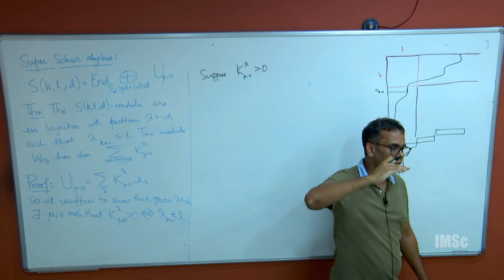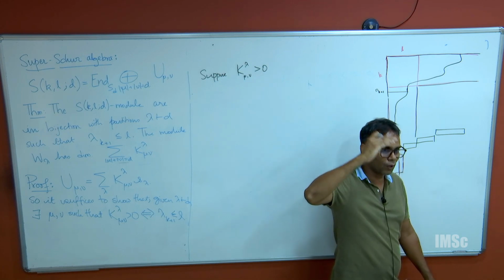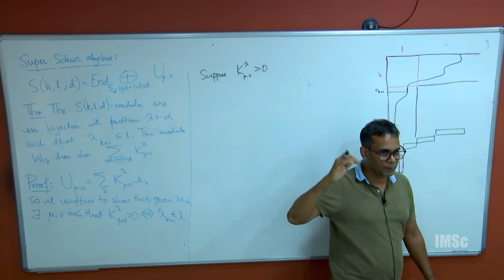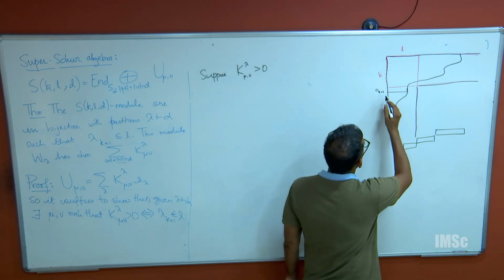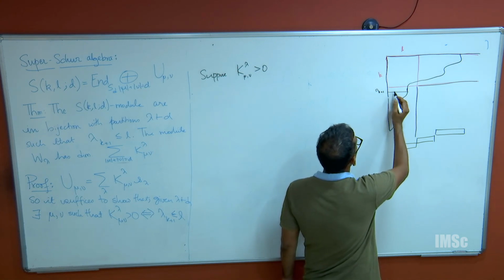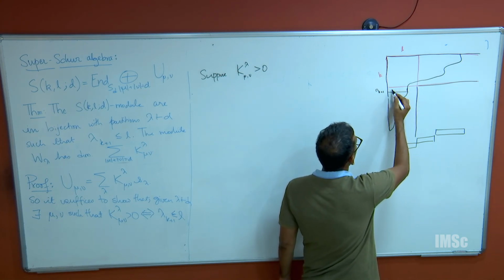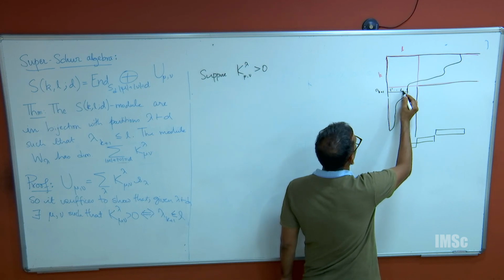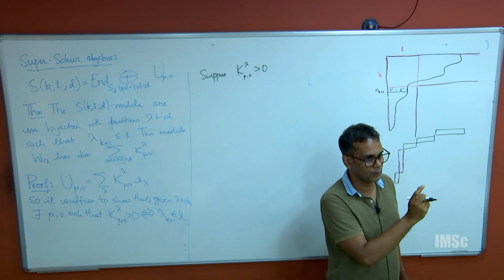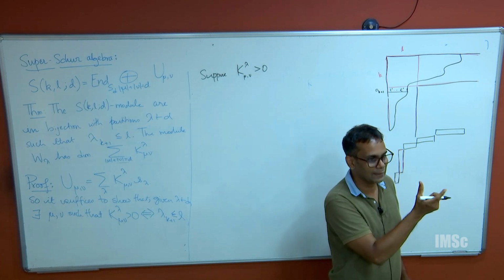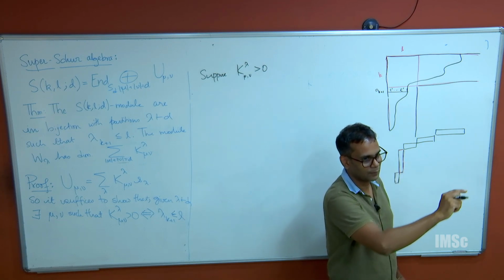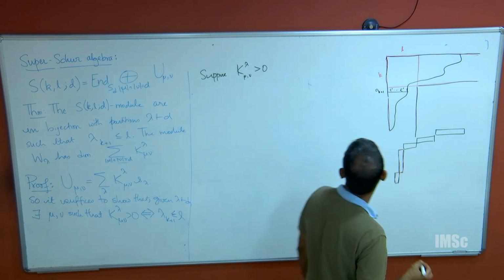So all the numbers 1 to k go in the first k rows. So the only numbers in the k plus first row are the numbers 1 prime to L prime, nothing else is allowed, right? But that has to be strictly increasing. So it cannot be more than L prime in length. The longest you can have is all the numbers from 1 to L prime. So that's it.